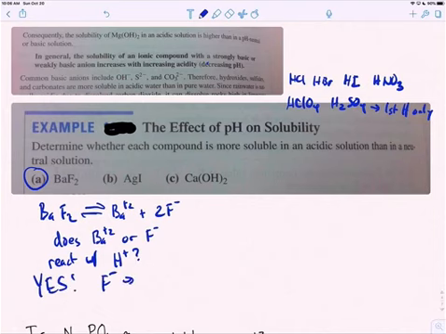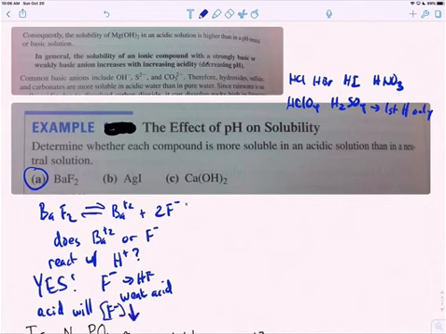So fluoride is from HF, a weak acid. And remember, weak acids like to form, they like to stay together. And with this in mind, acid will cause the fluoride concentration to go down.